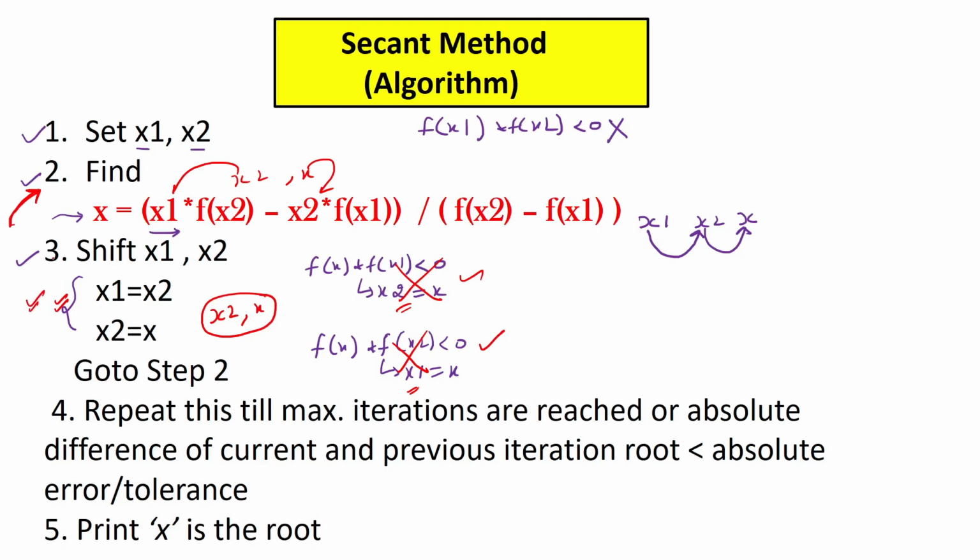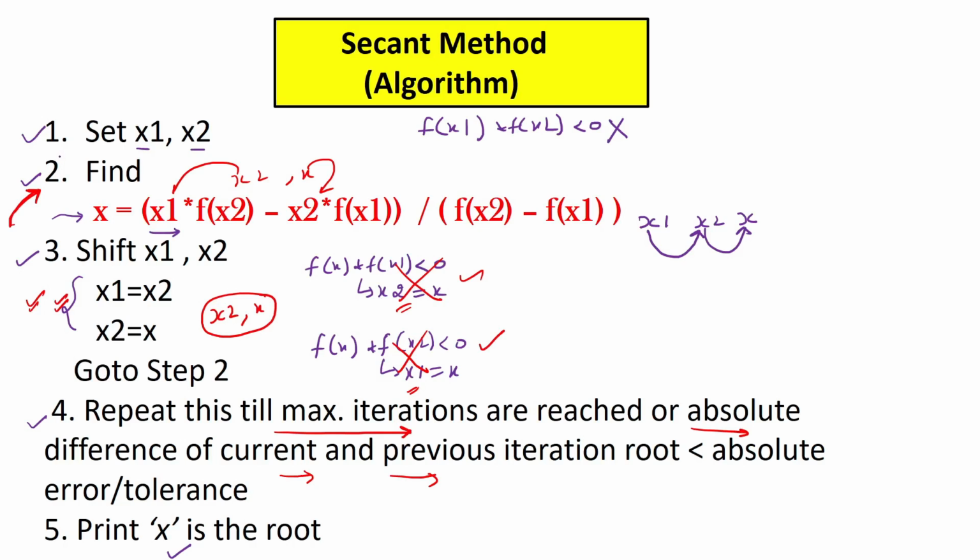This second and third step keep repeating until we have reached the maximum iteration or the absolute difference between the current root and the previous iteration root is less than the absolute error, or you can say the tolerance limit. When any of the conditions from the fourth step is satisfied, we finally print the value of the root, that is, we print x.